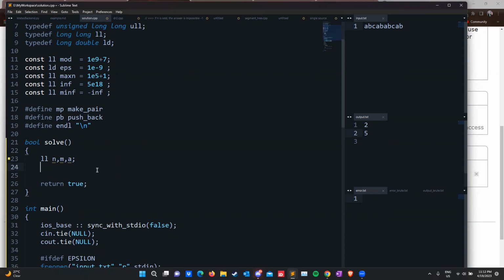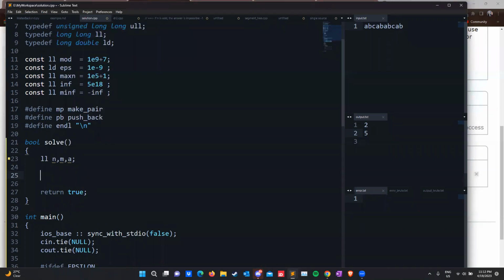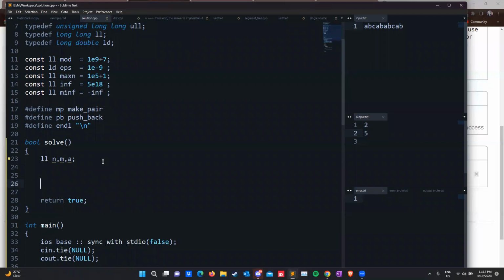If we divide two integers, are we going to get a float? If you have to find ceil, you have to find float, right? Because, for example, let's say you have 6 and 4. If you do 6 by 4 and you are doing integer division, this will be 1.5, but it will get floored to 1, right?